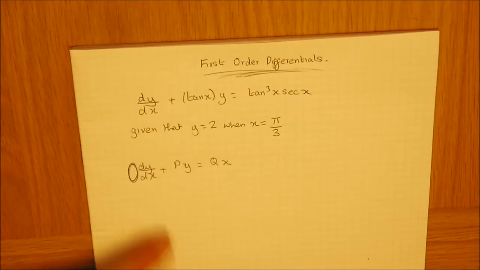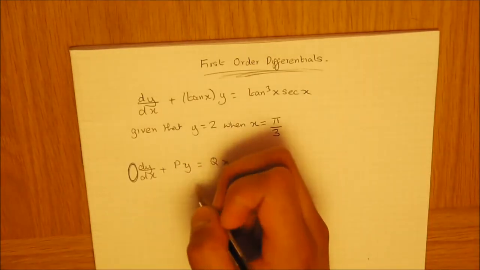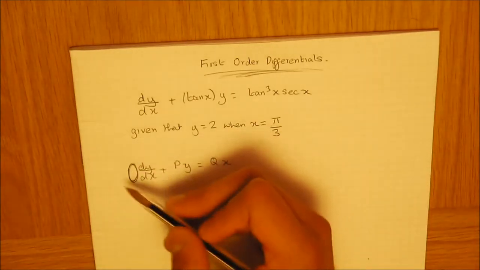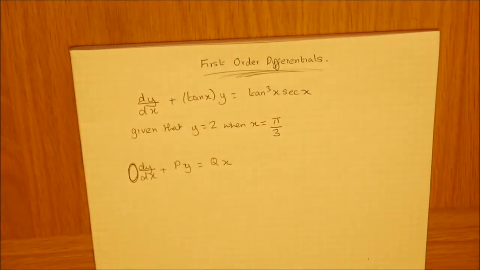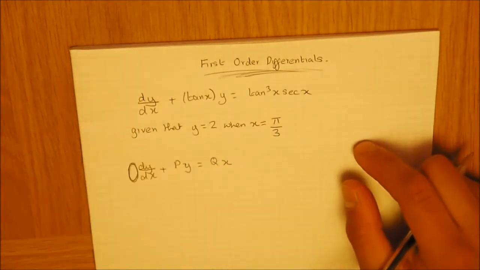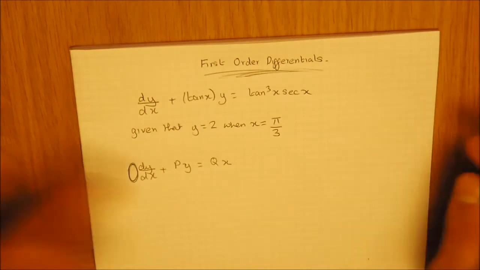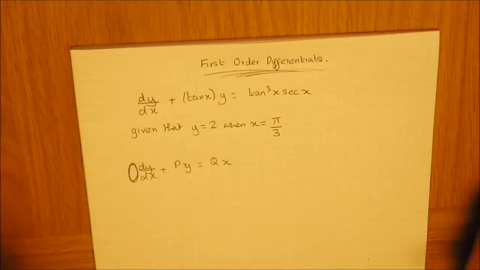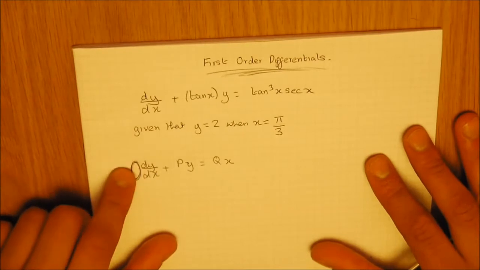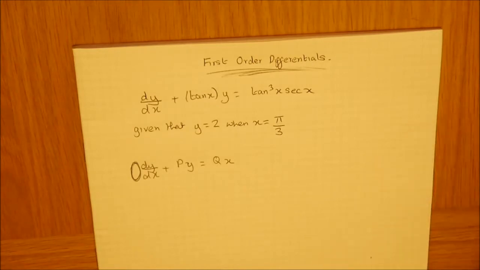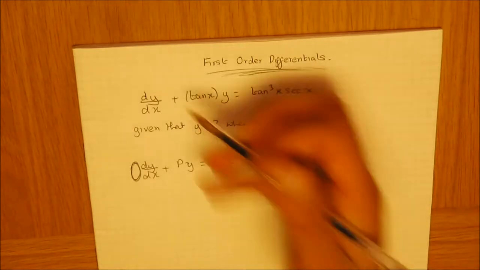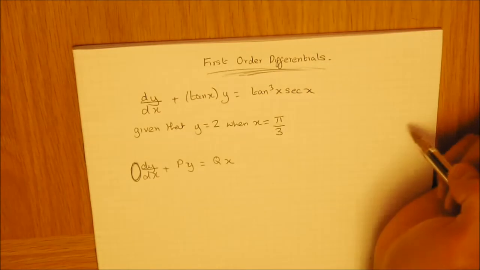You want to divide so that there's nothing before the dy/dx, even if P ends up over a trigonometric function and the Q value looks awful, it doesn't matter. It can only be a singular dy/dx, and it has to be in the form dy/dx plus something times y.